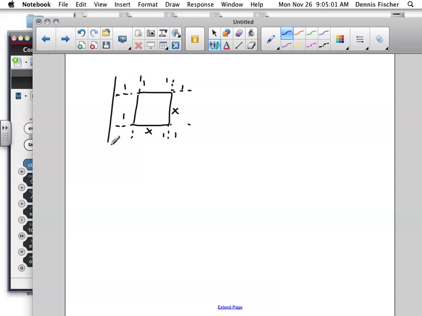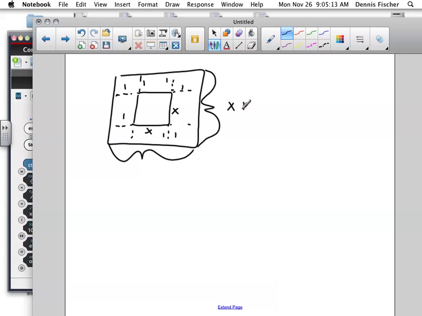Now I'm going to draw my picture. Here's my new picture. If I add 1 all the way around, what does this side become? x plus 2. What does this side become? Agree? I'm adding 2 on both sides.